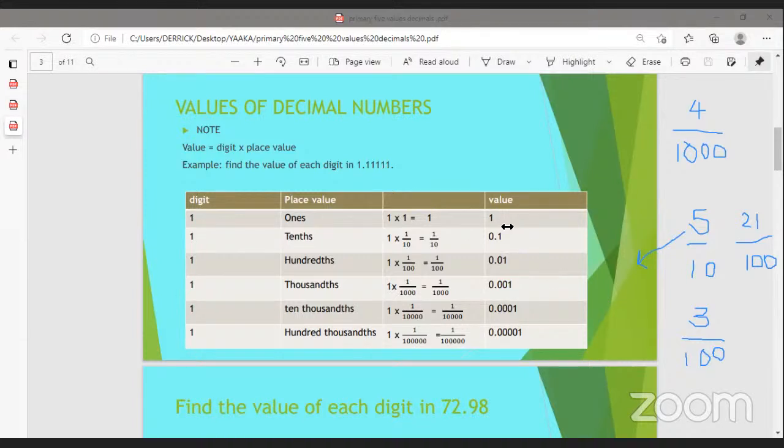Alien, 4 out of 1,000. Odwin, 3 out of 100. I have finished. You're finished?